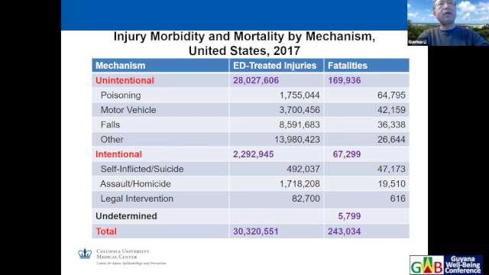On the left side column, as mechanism, we have unintentional injuries and intentional injuries, and also a small category of injuries with undetermined intent. So roughly speaking, about 2/3 of injury mortality are caused by unintentional injuries. Here I list a few major sources of mechanisms of unintentional injuries.